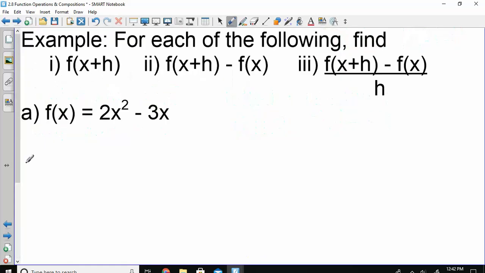Okay. The next thing I want to do goes along the lines of evaluating functions, but I'm going to ask for 3 parts. We're going to find f of x plus h first. That means when you go to your equation, you plug in x plus h in for your x. So every x gets an x plus h.